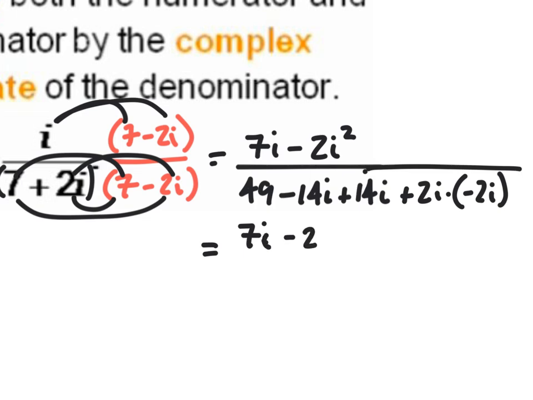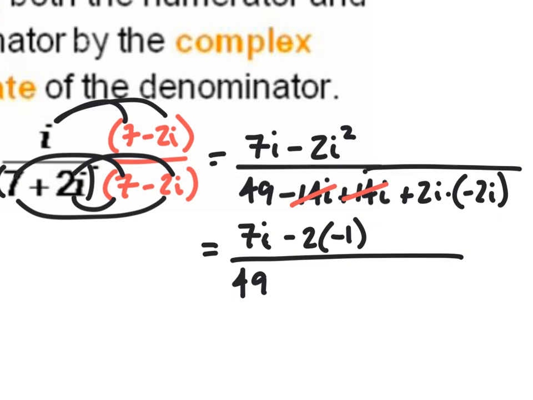So that's going to be minus 2 times -1. And then this is all over 49. The 14i and negative 14i add to 0. Those go away. But then down here I'm going to get 2 times -2, which gives me -4, and then times i, which is going to give me i squared.